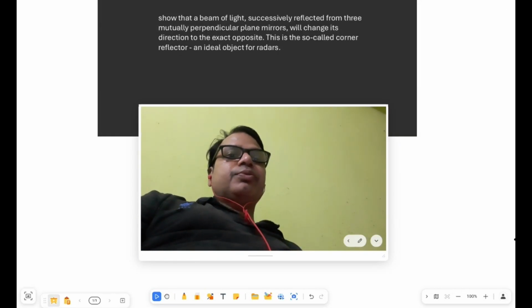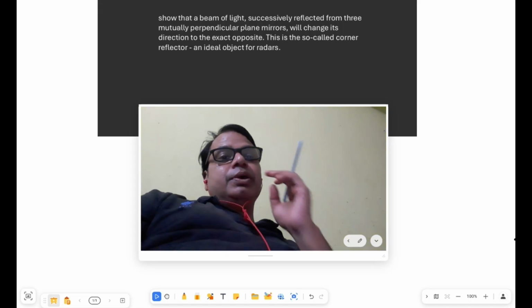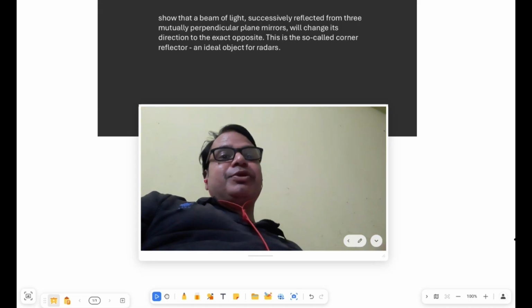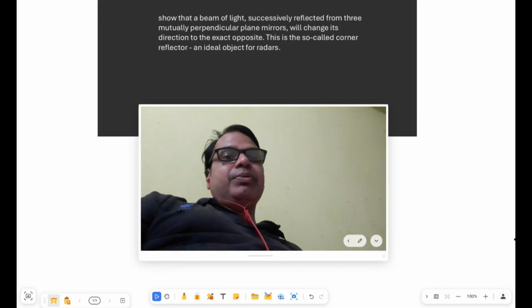And here is one more problem, perhaps also from the IIT book. The problem statement is that a beam of light successively reflected from three mutually perpendicular plane mirrors.